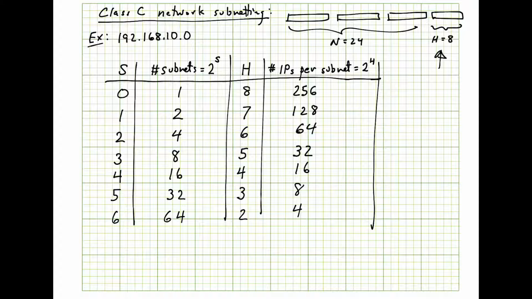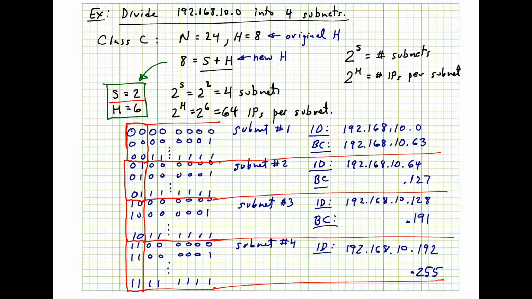The typical thing to do, just as I showed in the previous example, is to take those subnets and write down for each of them the subnet ID and the subnet broadcast address. When we're subnetting a Class C network, all the action is in the 4th octet, so we're always working from the range 0 to 255 in the 4th octet.